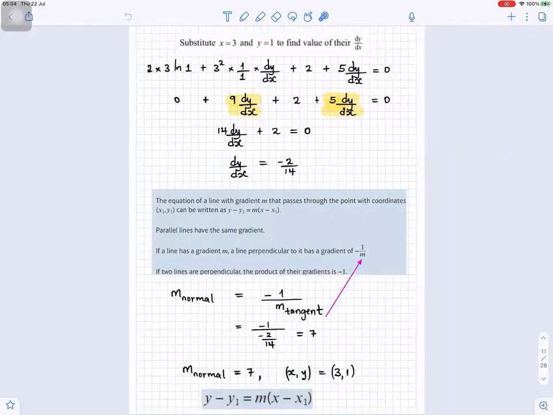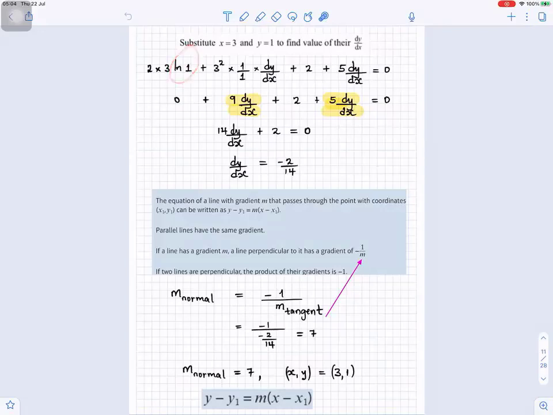And now you substitute 3 for x, and y is equal to 1 to find the value of dy over dx. So it becomes 2 times 3 ln 1 plus 3 squared times 1 over 1 times dy over dx plus 2 plus 5 dy over dx equals 0.